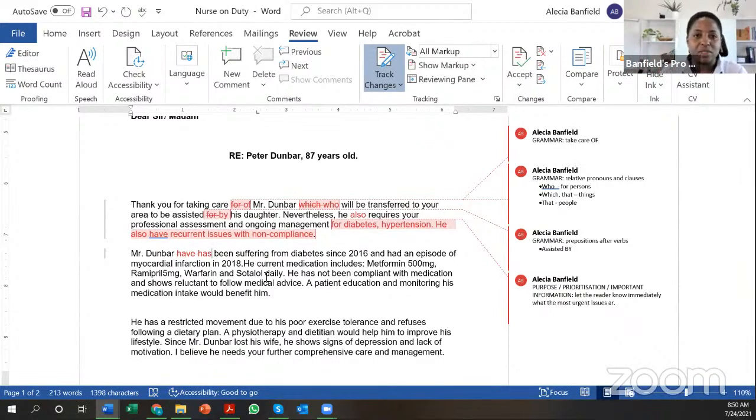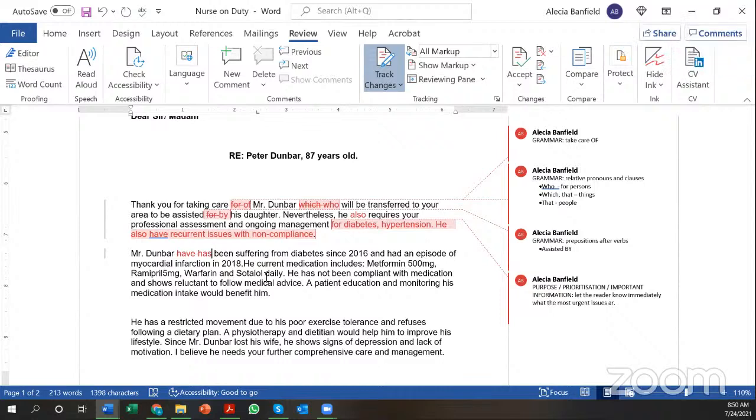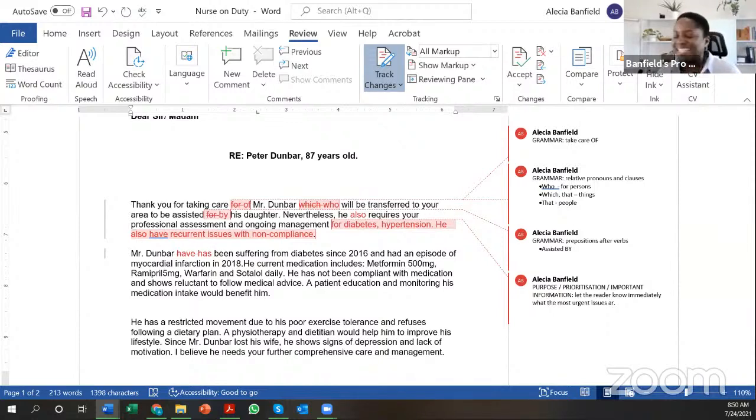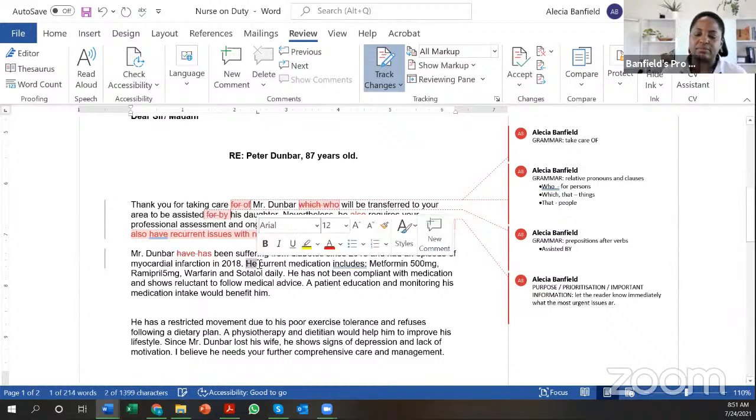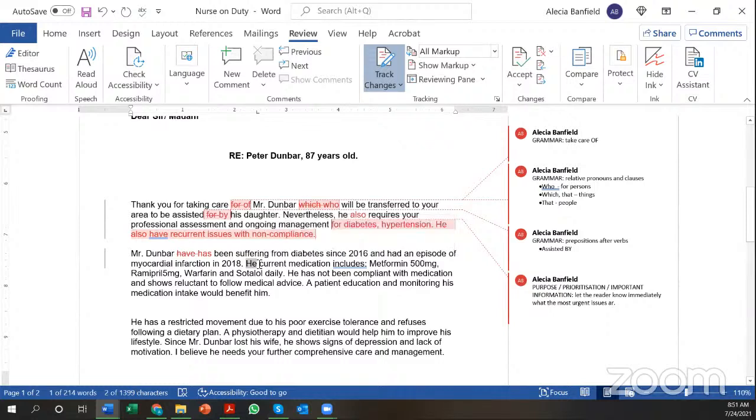I always teach you, hone your time so you have about 2-3 minutes left at the end to go through your mistakes. Has. Even Biji picked it up. Thank you, Biji. So Dunbar has been suffering from diabetes since 2016 and had an episode of myocardial infarction in 2018. Current medication. His current medication.